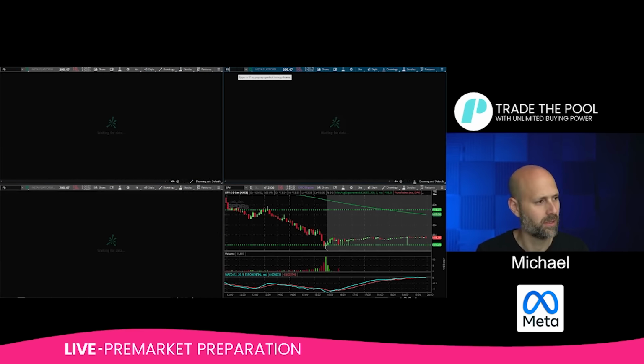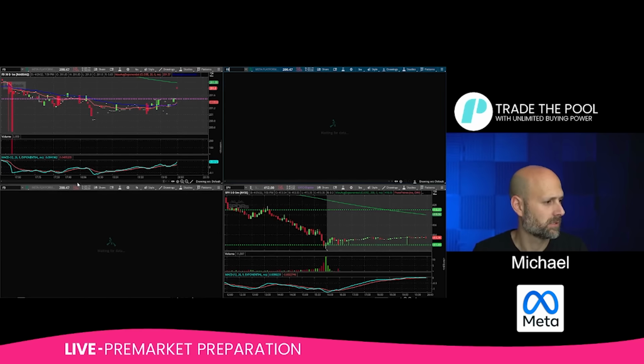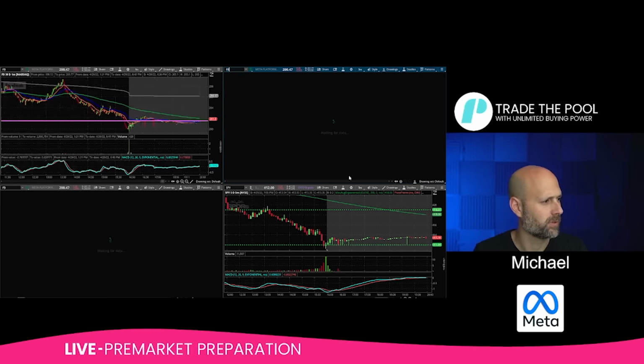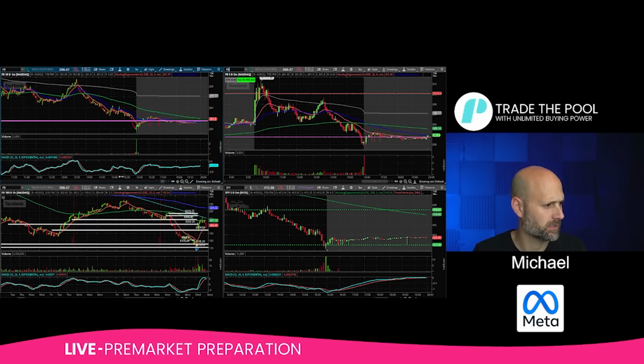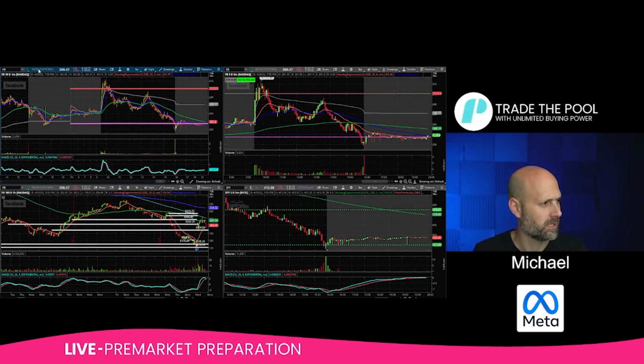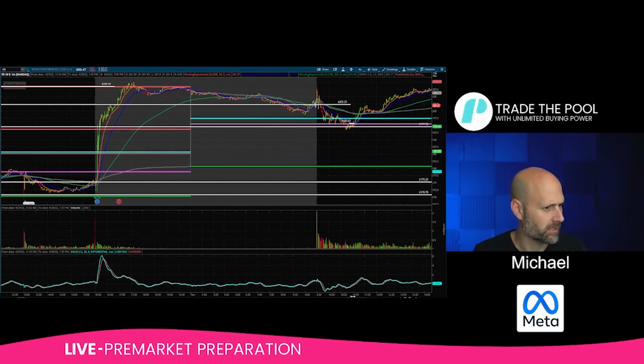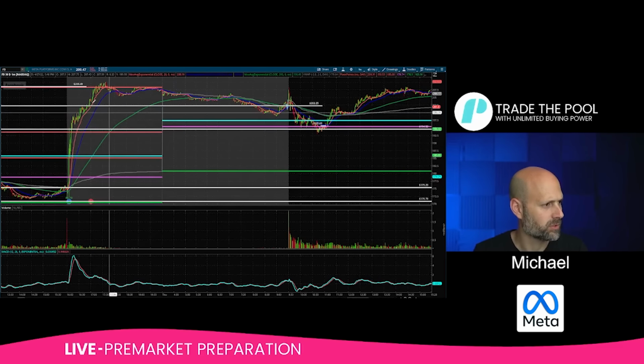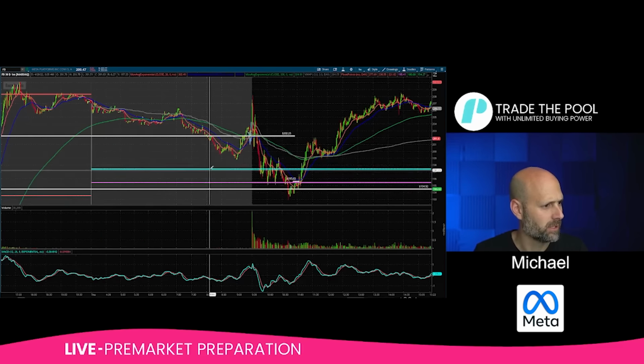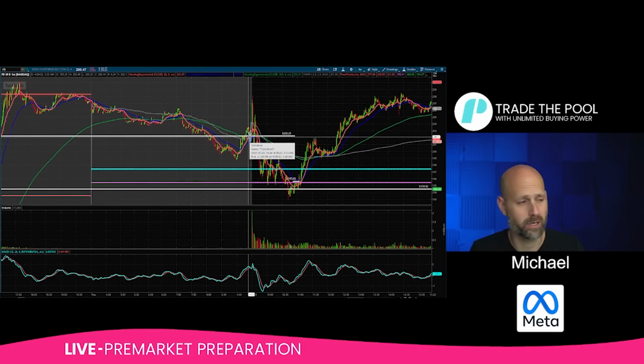Facebook was pretty much after the earnings, gapping up something like $30. And what we wanted to see from Facebook is basically a move. You can see it right here. We talked about 2 options. The first one is holding this support level, and again, it was before the market opened.